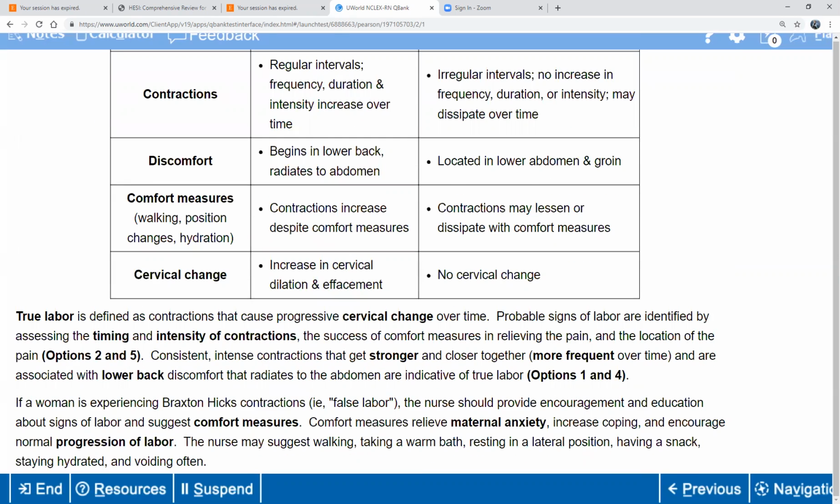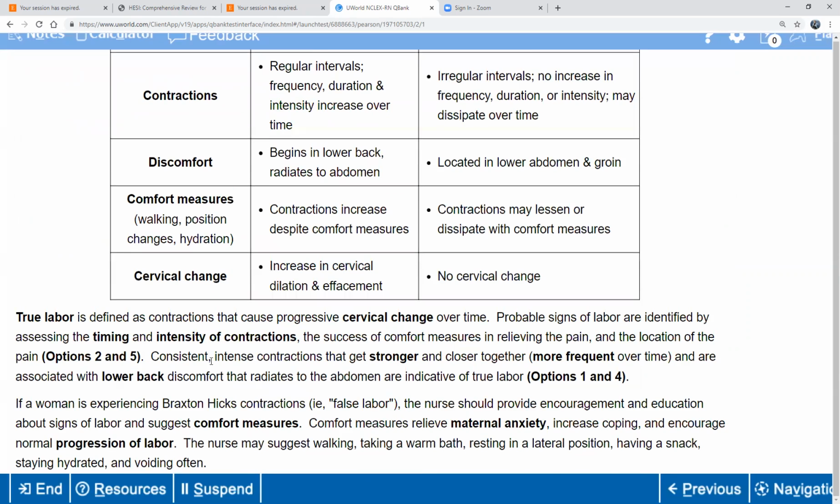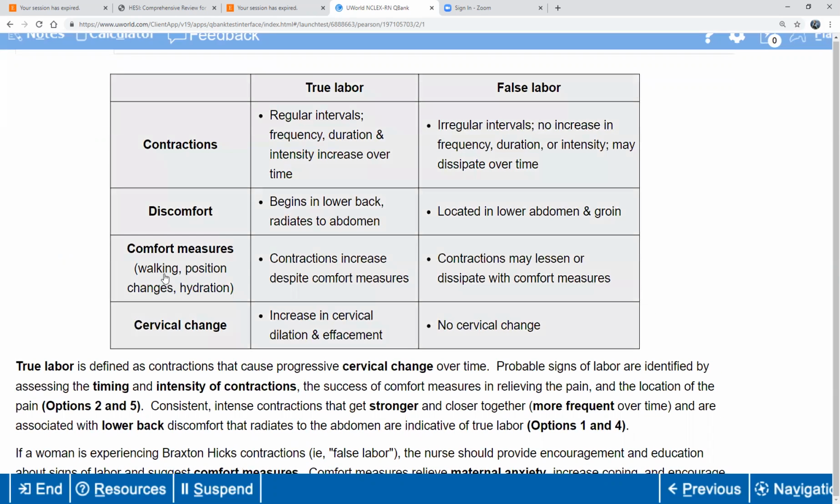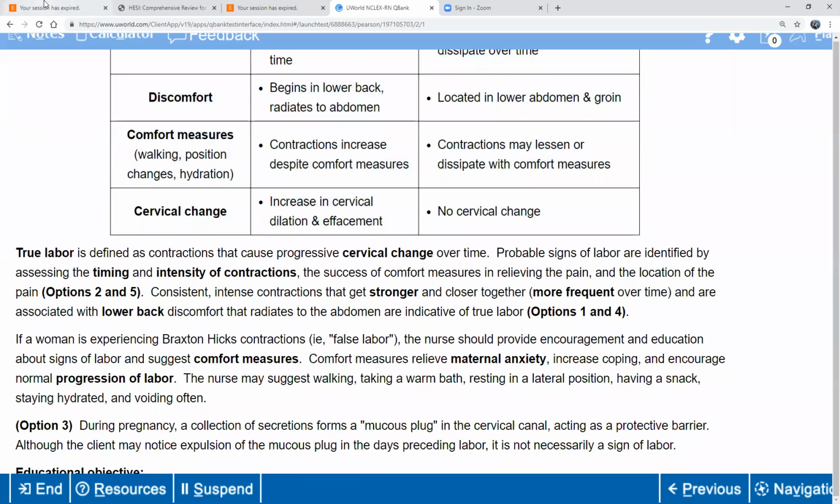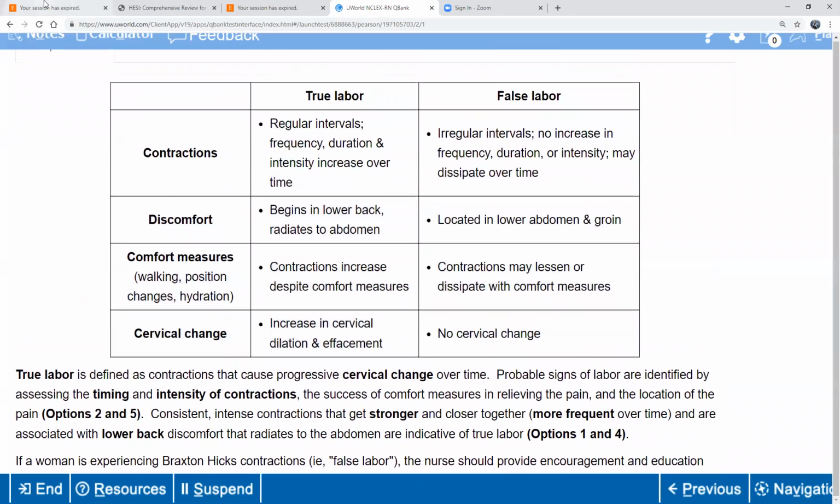Okay, so it wasn't 3, but it was 2. True versus false labor. Now that's a box you might want to take a picture of, because that should change. I'm sorry, did you get it? Yeah. Okay.